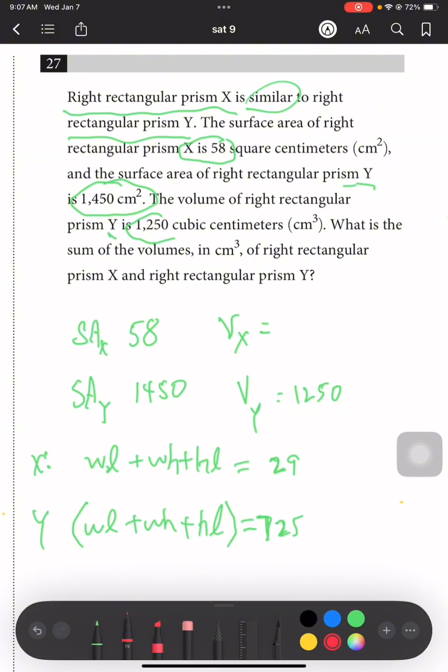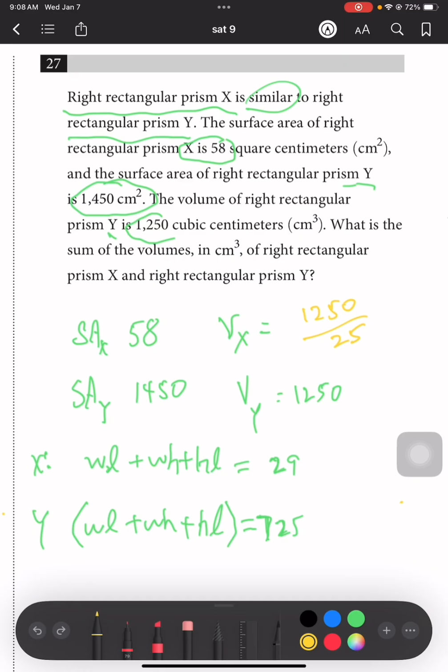This area here is 1250, which is the volume of Y, divided by 25. Actually, no. 25 cubed, I think. No, just 25, because the surface area is 2-dimensional. It's missing 1 dimension, so divide by 25 one time, not 3 times. No, it's not divided by 25 cubed. It's divided by 25.